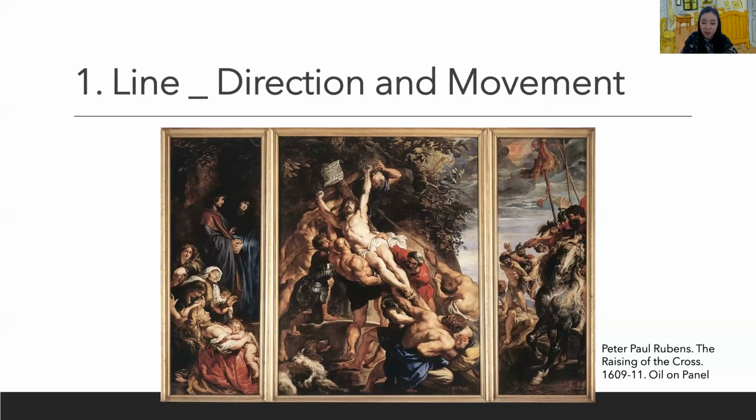So can you guess which direction of line we can find in this painting? Vertical? Yeah, probably there is a vertical, but that's not the main line of this painting. It looks very dynamic.